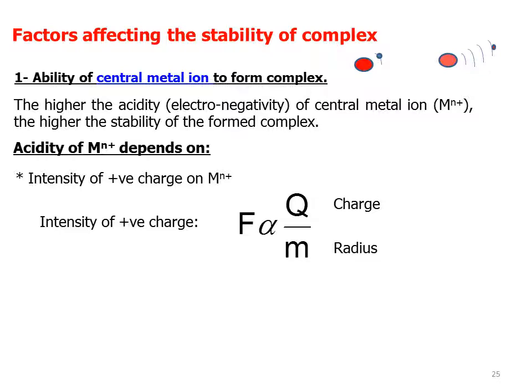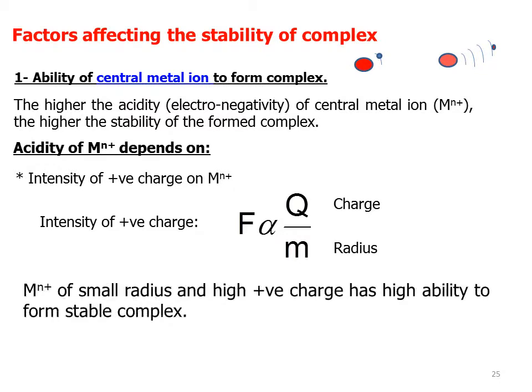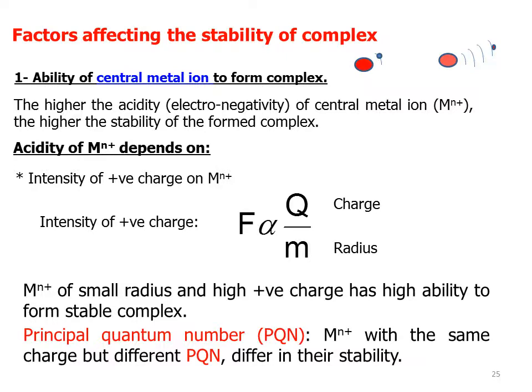If the central metal ion is small in size, it will also eventually form a stable complex. So the central metal ion of small radius and high positive charge has high ability to form a stable complex. Also, just for your information, the principal quantum number is a unique number present for each central metal ion. They differ also in stability, just to know this phrase as it is.